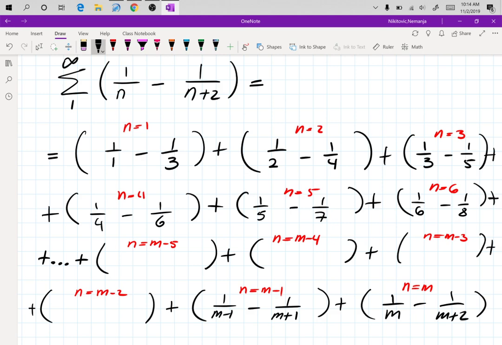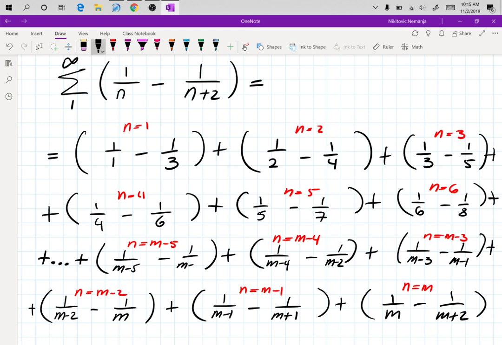Then 1/(m-2) - 1/m. 1/(m-3) - 1/(m-1). 1/(m-4) - 1/(m-2). 1/(m-5) - 1/(m-3).